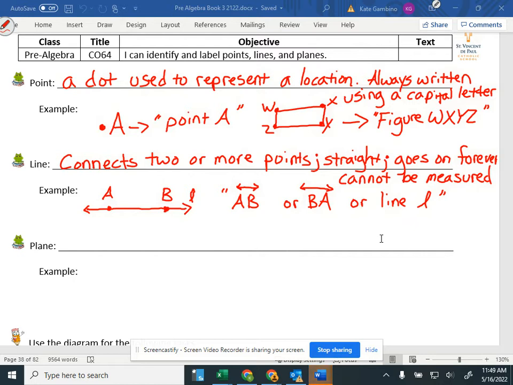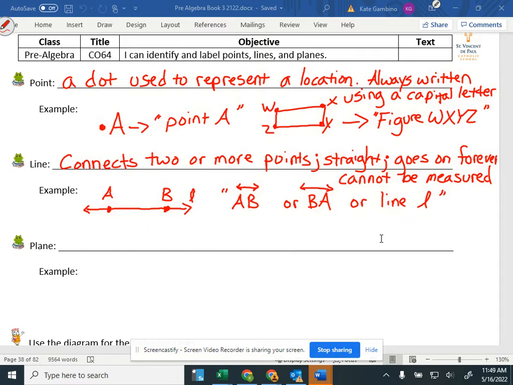So we're writing it out and I'm going to go over it again. So we have 2 points, points A and B. We connected them to make a line. Lines go on and on and on. And we could call it L for that line.